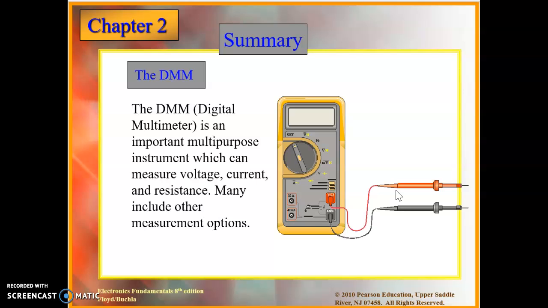It is very important to know how to make the measurements. If you're going to make current measurements, you have to make your multimeter part of the circuit. You have to remove the wires and make the multimeter part of your path, so that you can get a reading for current.